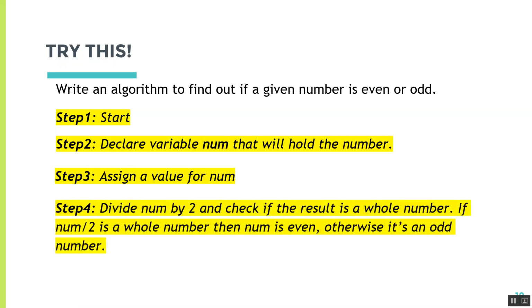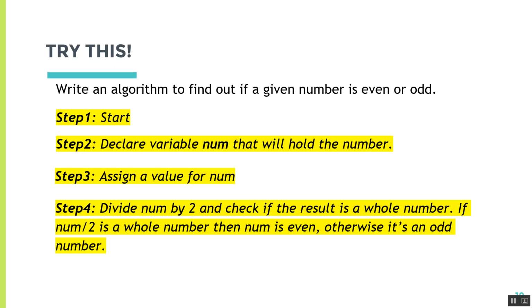And then step 4 says here that divide num by 2 and check if the result is a whole number. If num divided by 2 is a whole number, then num is even. Otherwise, it's an odd number. Okay? So for all even numbers, class, if it's divisible by 2, meaning to say the remainder is equal to 0, or let's say the result is a whole number, meaning to say that's an even number.